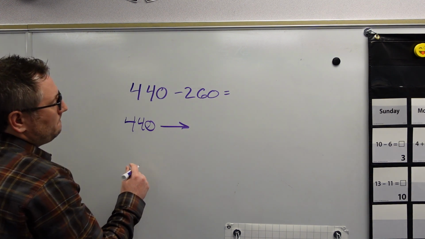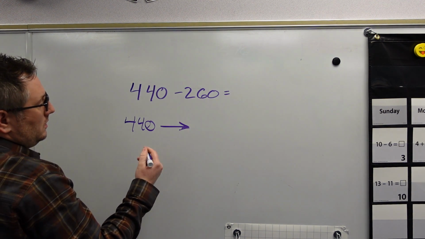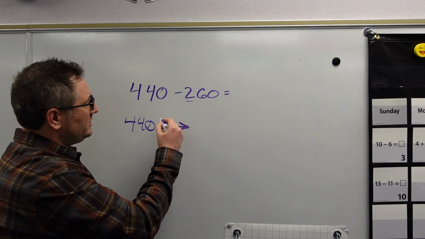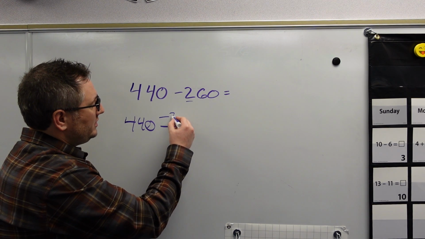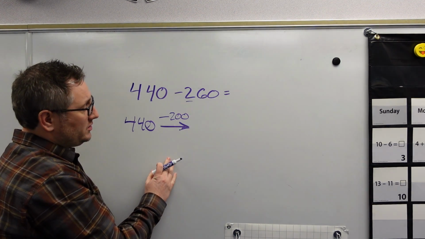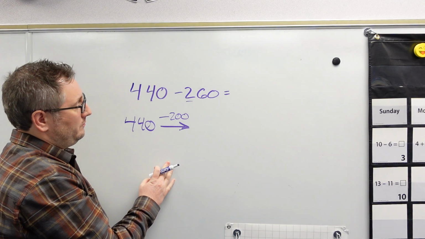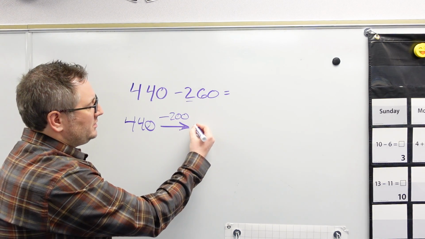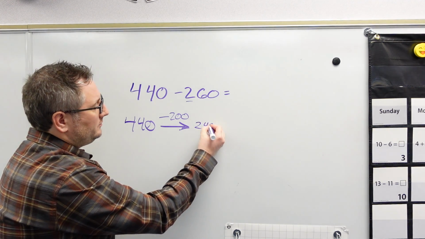Draw my arrow. Well, I can start by taking away the hundreds. You can just take away 200. Or if you want to, you can do a smaller skip of 100. 440 minus 200 is 240.